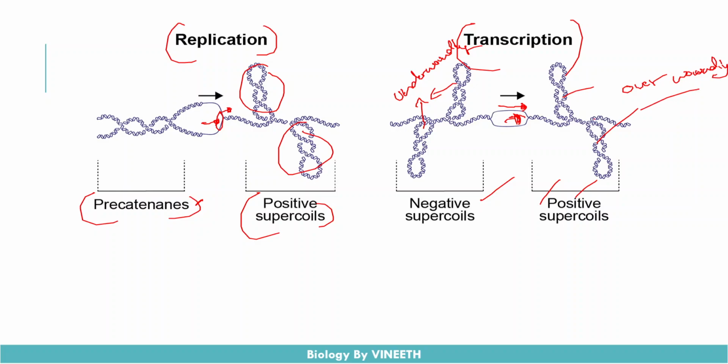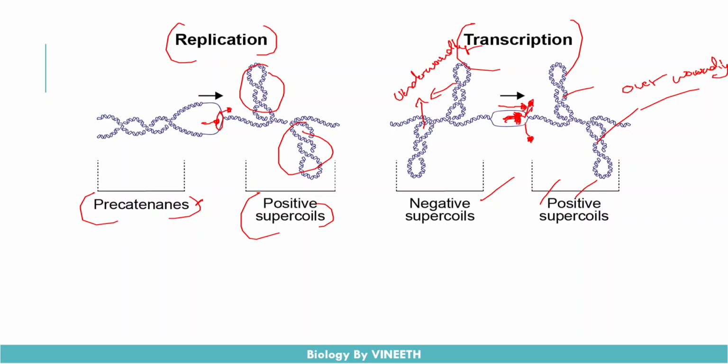What we have seen in the initial experiment is that you fix a simple thread at one point, and the other point is free to rotate, and whenever you pull the threads in opposite directions, that gives some kind of extra stress on the molecule to develop super secondary structures. The same thing happens here. Whenever you move your helicase in the forward direction, it separates the DNA strands in opposite directions.